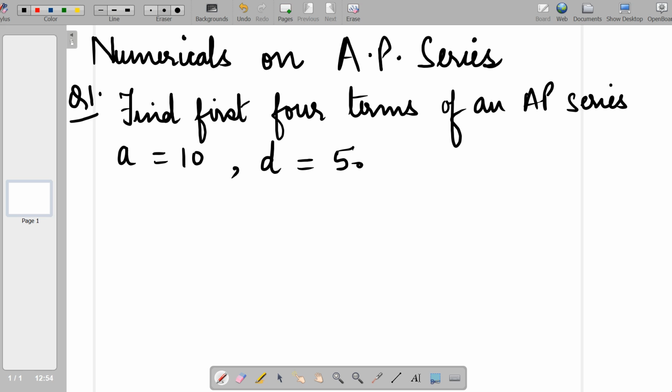So you have to find the first four terms of a particular series which belongs to arithmetic progression, and in that the very first element is 10 and the common difference is 5.